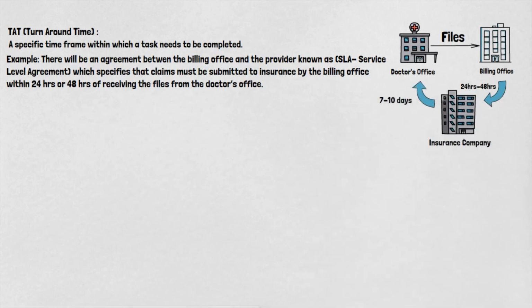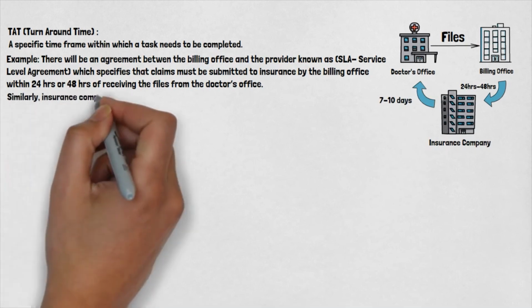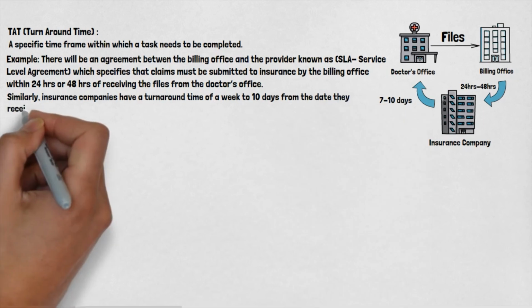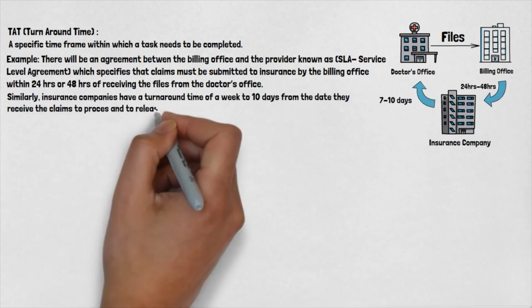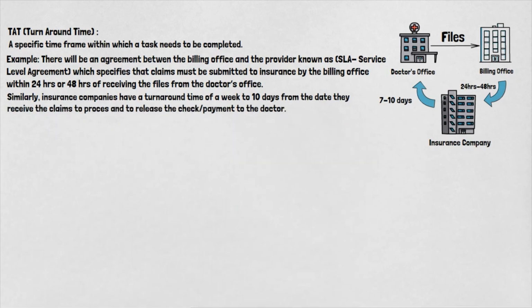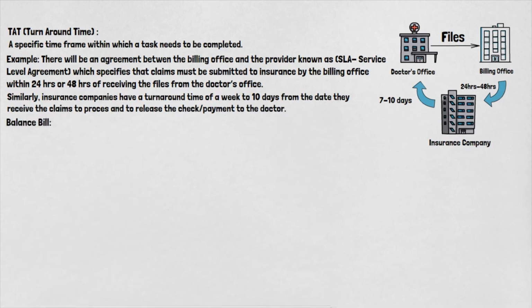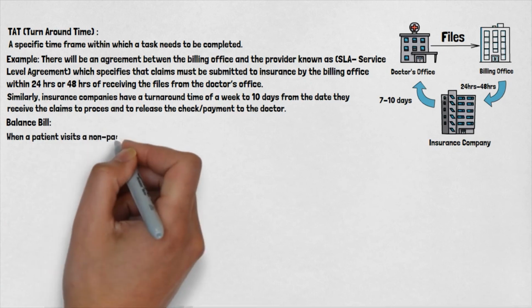Now, in a similar way, insurance companies have a turnaround time of a week to 10 days from the date they receive the claims from the billing office to process them and to release payments to the doctor.